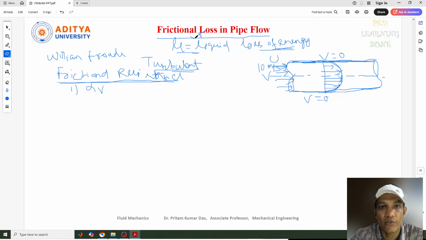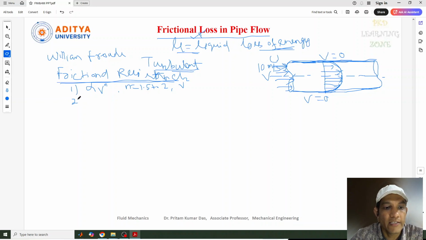Actually, in the last class also we have discussed these things, for turbulent flow in the Reynolds experiment. So this frictional resistance is directly proportional to V to the power n. This n varies from 1.2, 1.5 to 2. So we can write this is directly proportional to V square also.